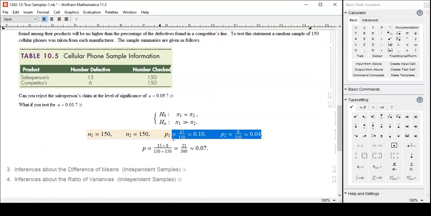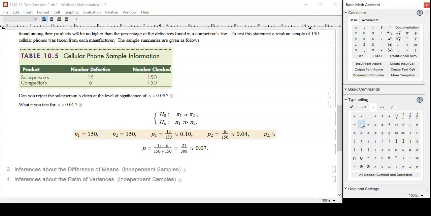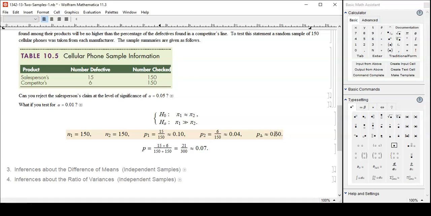That's going to be the difference between these two. p delta, delta is for difference. 0.06. Okay, 10% minus 4%, so the difference is 6%.